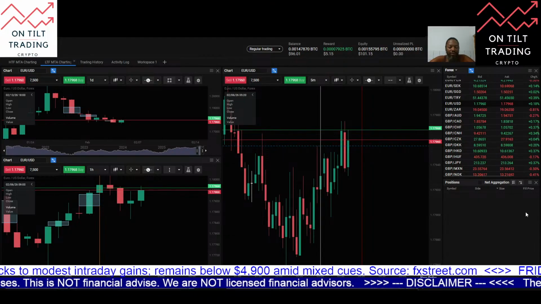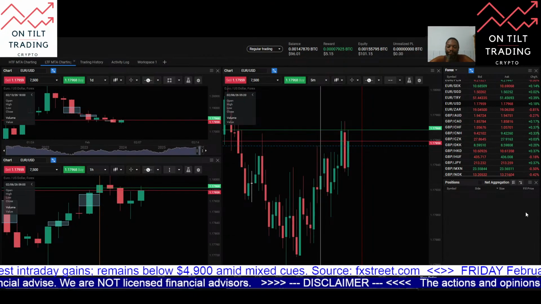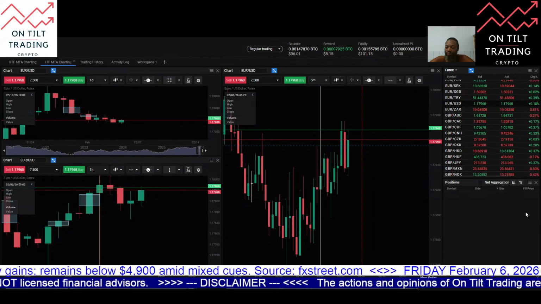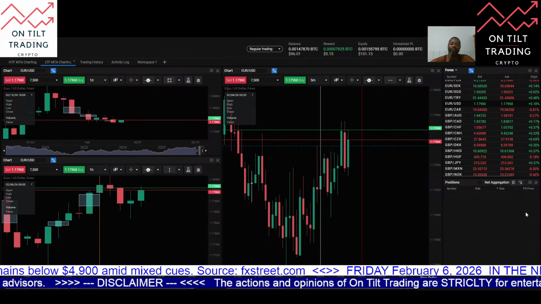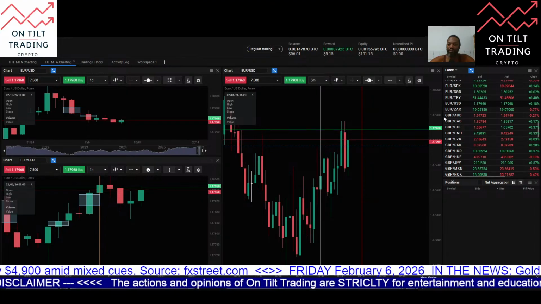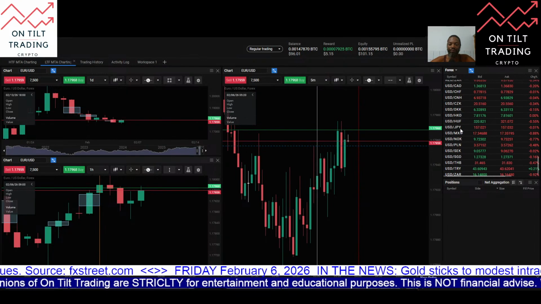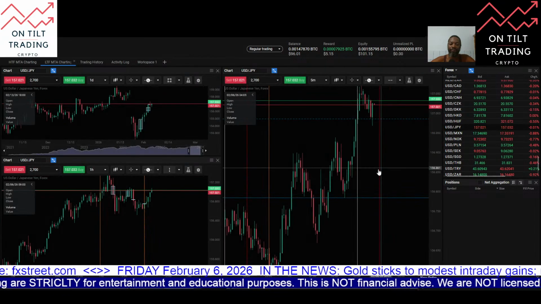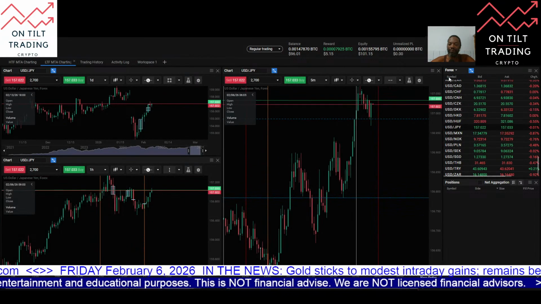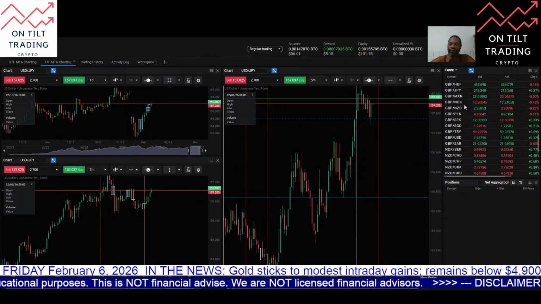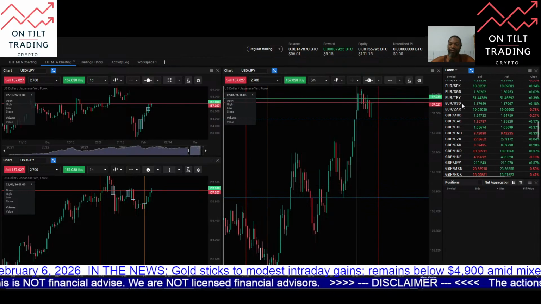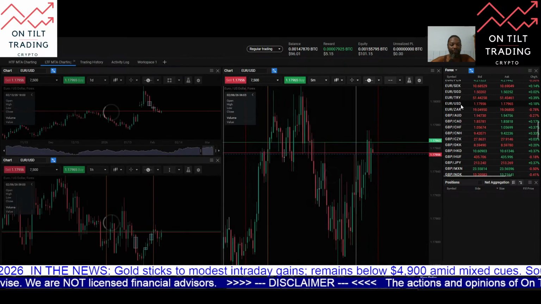And price still consolidating here. Take a look at some other pairs as a new 5-minute candle opens here. Dollar yen, still not ready for a short.